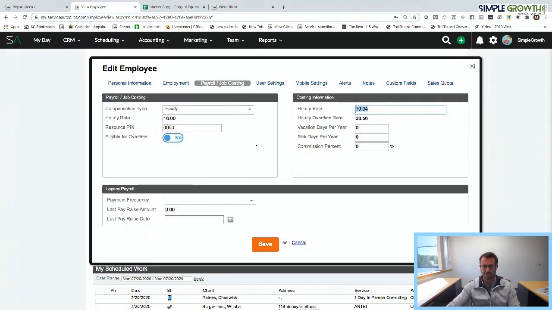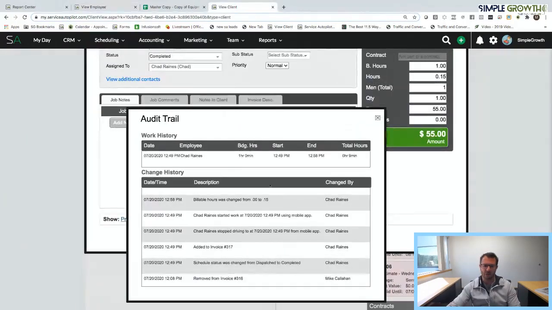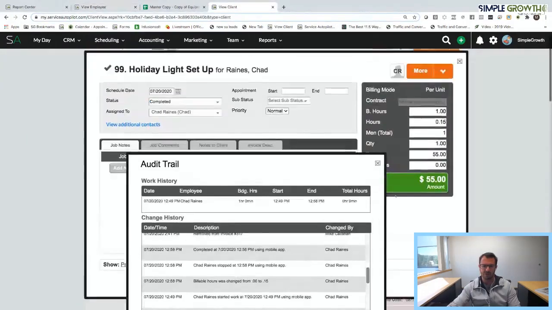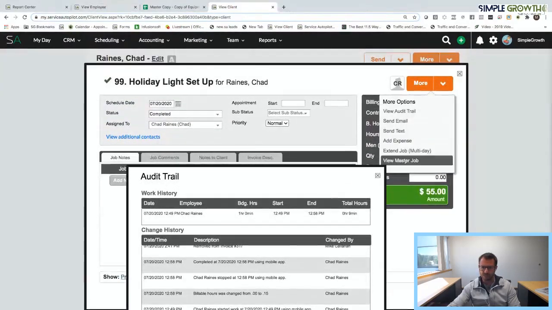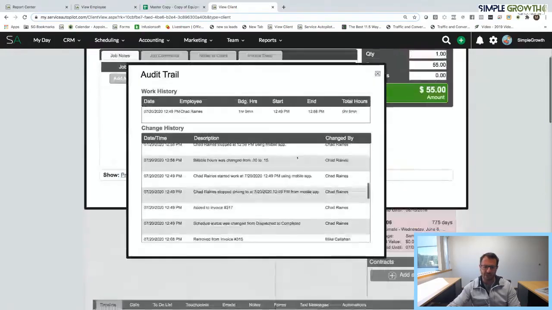The second piece of the puzzle is that on the job, we need to clock in and clock out of the job. When we go into the audit trail of the master job, we can scroll down and actually see this.